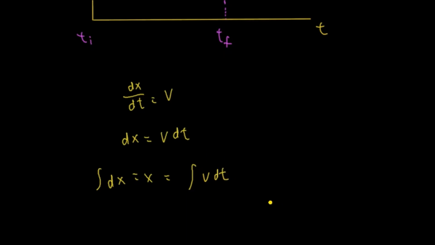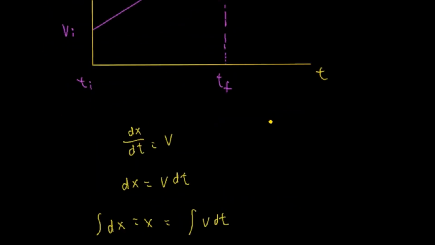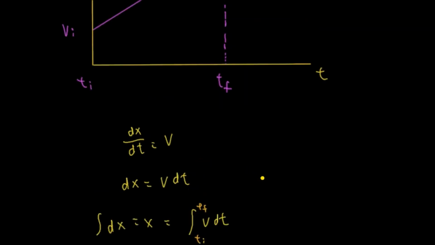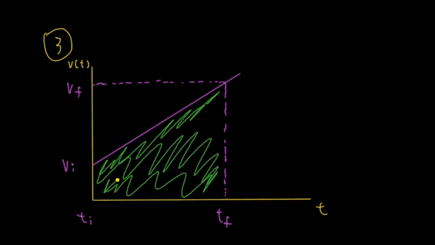So when I integrate velocity, basically I'm integrating this velocity function here. I will get the area under the curve here. If I put the limit as, let's say, t initial to t final, I'm getting the area under the curve here, this area here, because the integral gives you the area under the curve.